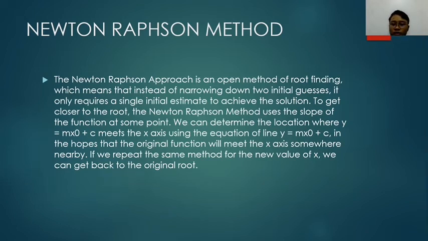We can determine the location where y equals mx plus c meets the x-axis using the equation of a line, y equals mx0 plus c, in the hope that the original function will meet the x-axis somewhere nearby. If we repeat the same method for the new value of x, we can get back to the original root.